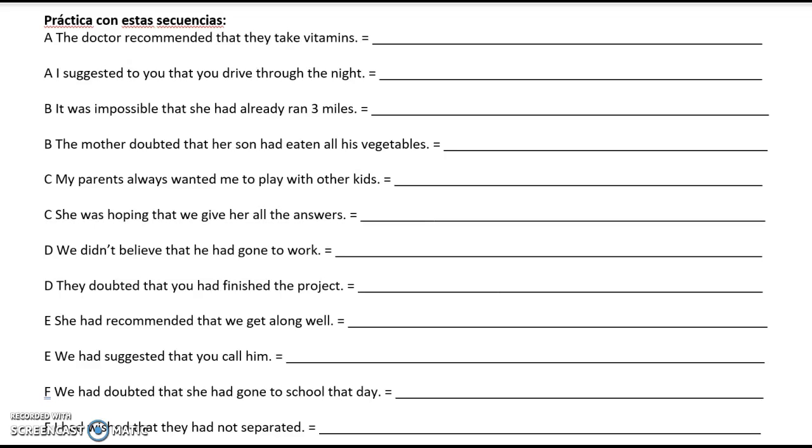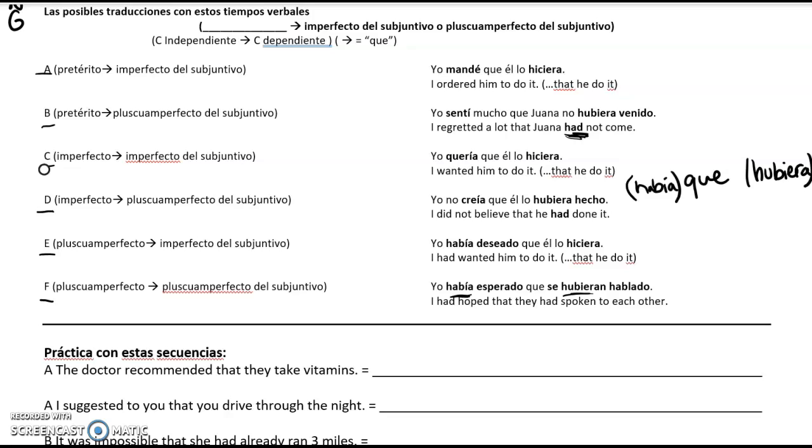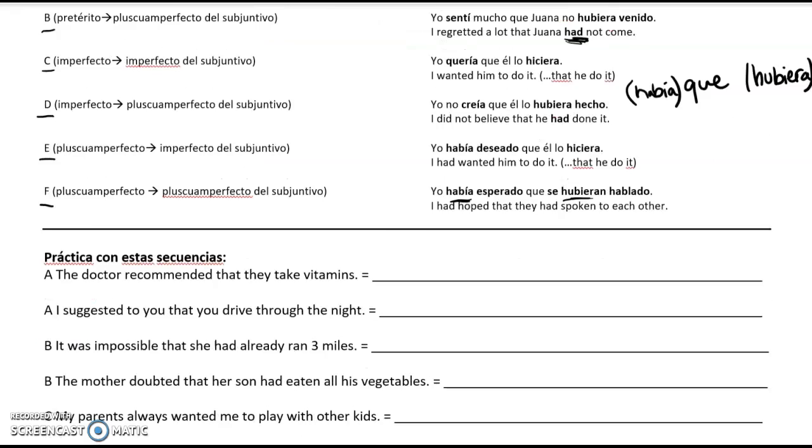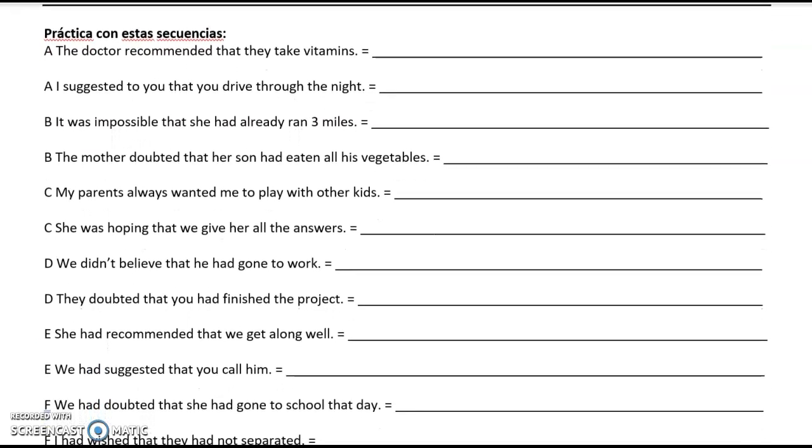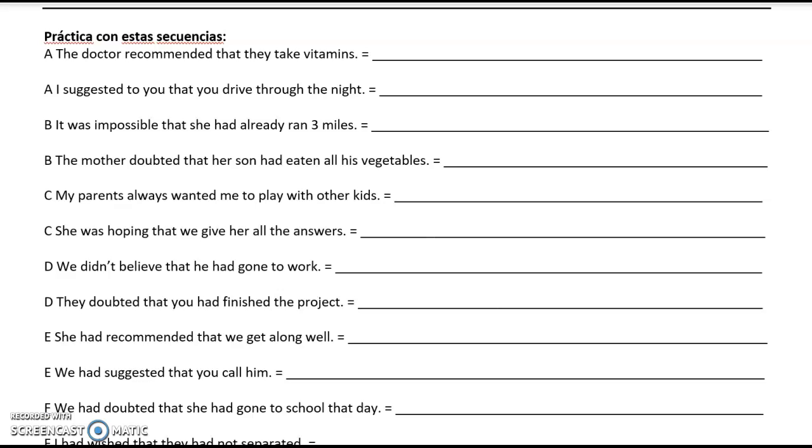So with the first sentence here, I want you to use this first sequence, so that's preterite plus the ra endings. So it says, the doctor recommended that they take vitamins. So this one's going to be in pretérito. This one is going to be in your imperfecto del subjuntivo. Okay? And then here we go to put it all together.